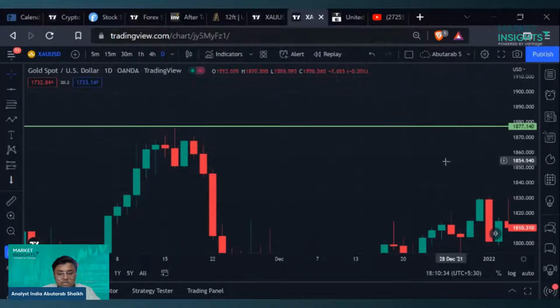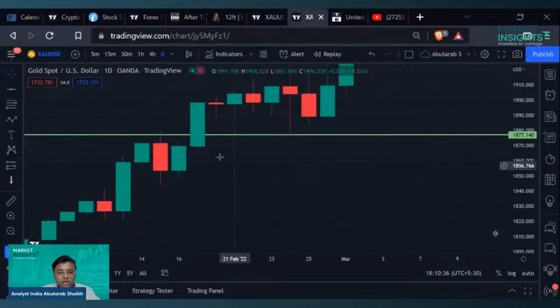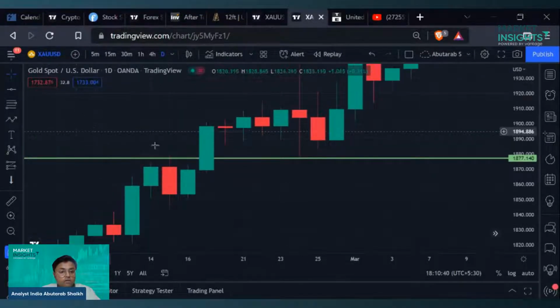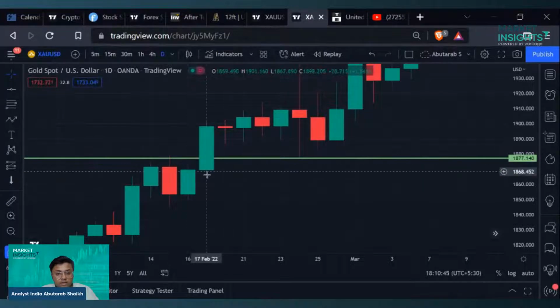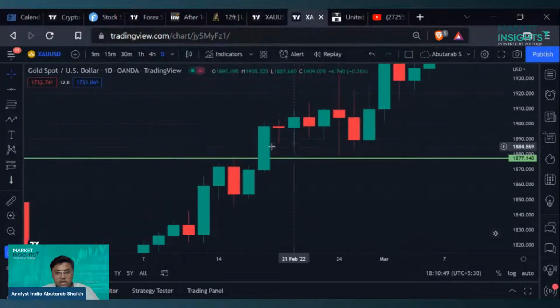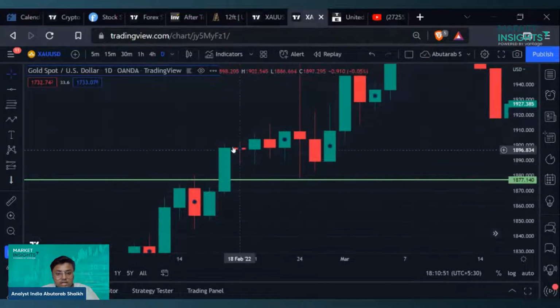Look at this, 16th November, which is helping me at this point, 15th February, 16th February. Because I've drawn that line in November, I'm getting to know that when this line will be breached, I will be buying at that point. Obviously, right? So I saw this line breach at this particular point, and I waited for a confirmation, but this confirmation was not good.